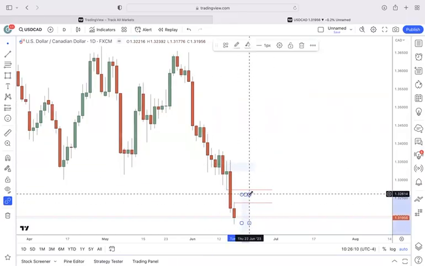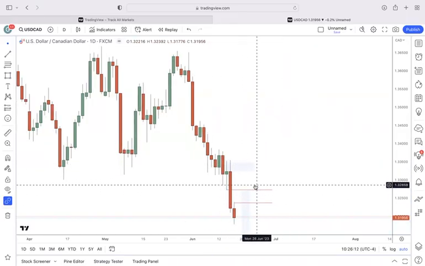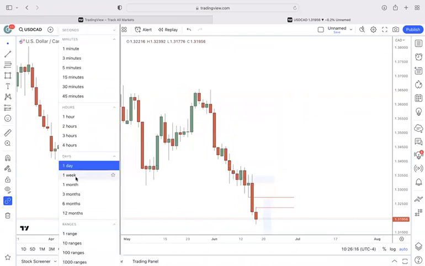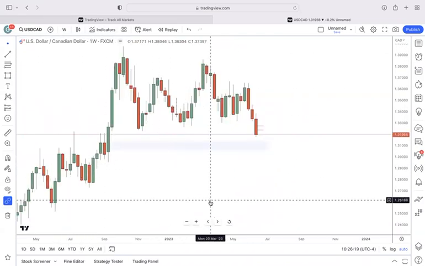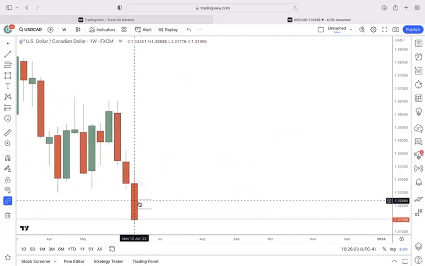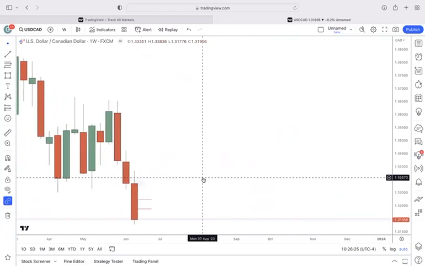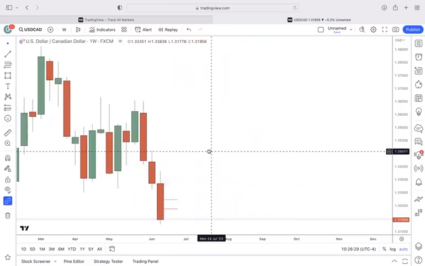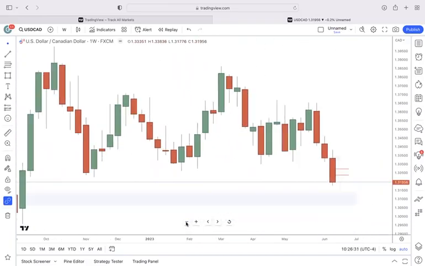So if I'm expecting the weekly high to be here on UCAD, I always will zoom out and go to that weekly chart and just envision it. I will go to the weekly chart and look at the level I'm wanting and see if it even looks realistic or not. I'll ask myself. And for this case, it does.